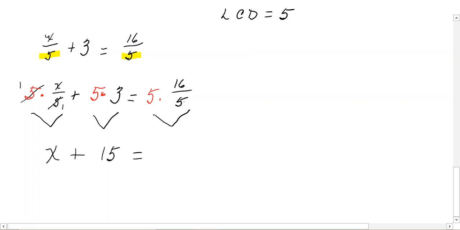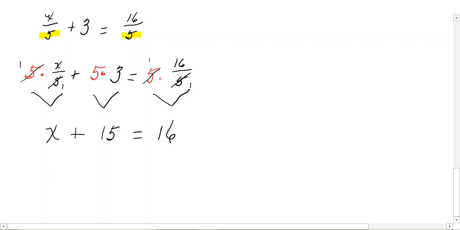On the right-hand side, 5 goes into 5 once, and I'm left with 16. You get an equation to solve that does not have fractions anymore. The LCD served the purpose of causing those denominators to divide into it, and they were gone. So now I will subtract 15 from both sides, and I have x is equal to 1.